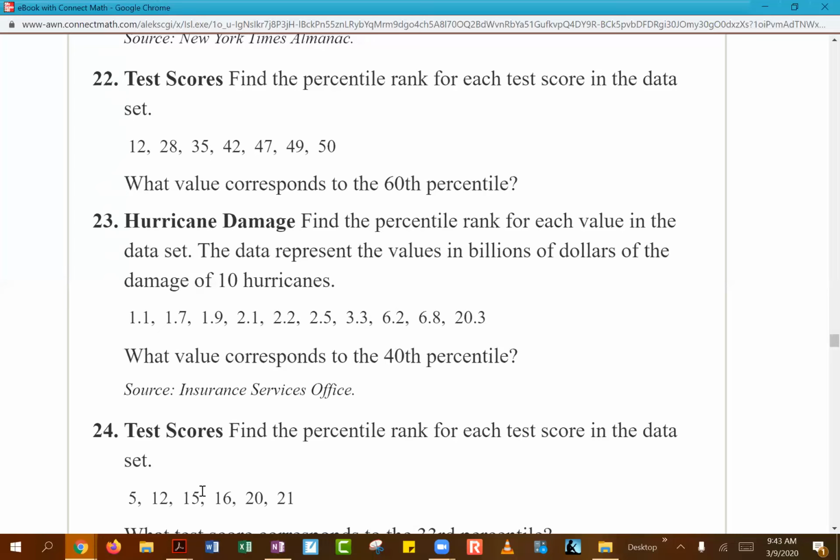So how many data values are below 2.5? Five. You do not count the number itself, right? Just the numbers below. So that's going to be the 5 values below 2.5.